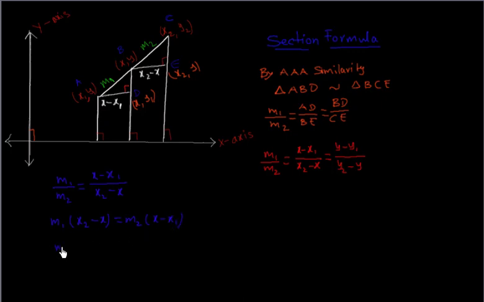So M1 x2 minus M1 x equals M2 x minus M2 x1.